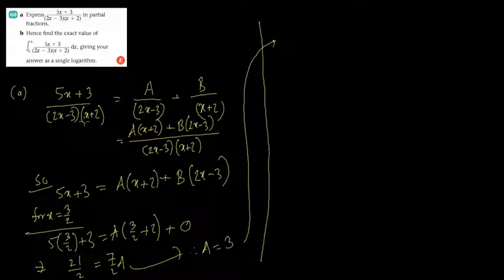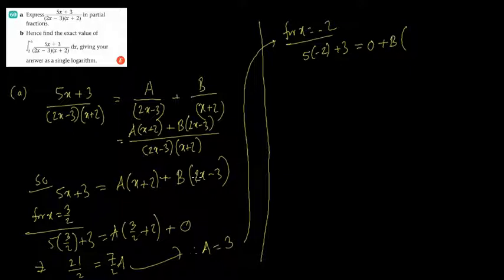the value of b. So here we'll take this thing as 0. So for x equals minus 2, if we put this on the left hand side, 5 into minus 2 plus 3 equals, now this minus 2 plus 2 would be 0, so this is 0 plus b. So if you put minus 2 here, 2 into minus 2 is minus 4 minus 3.